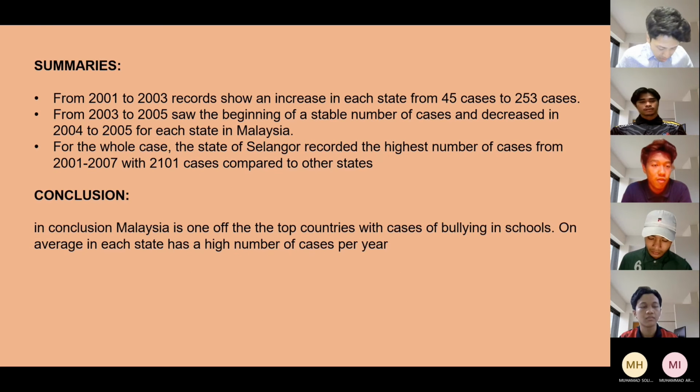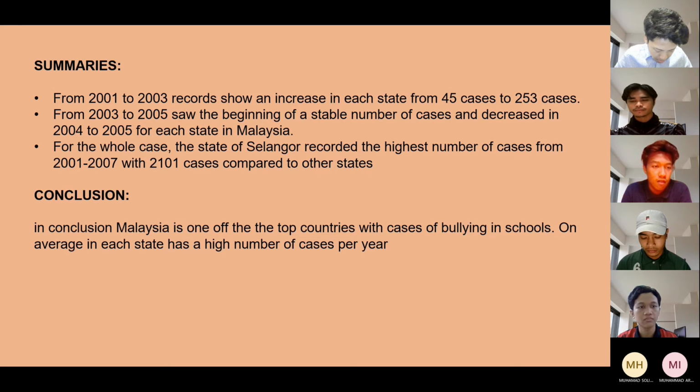For summaries, from 2001 to 2003, records show an increase in each state from 45 cases to 253 cases. Next, from 2003 to 2005, the beginning of a stable number of cases and a decrease in 2004 to 2005 for each state in Malaysia.